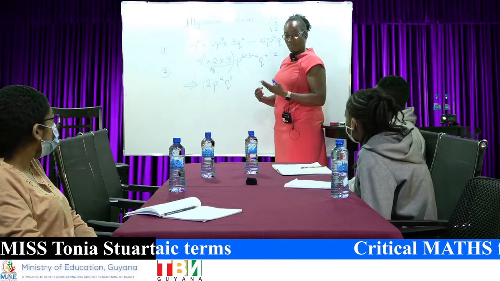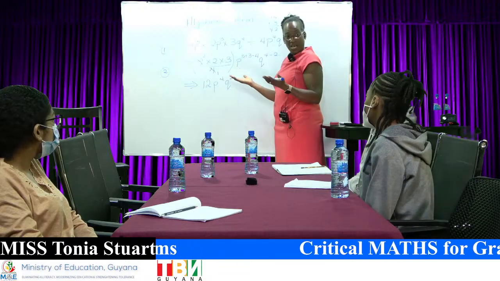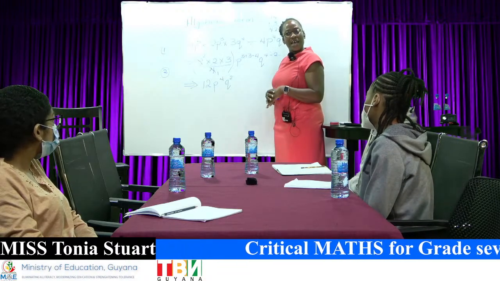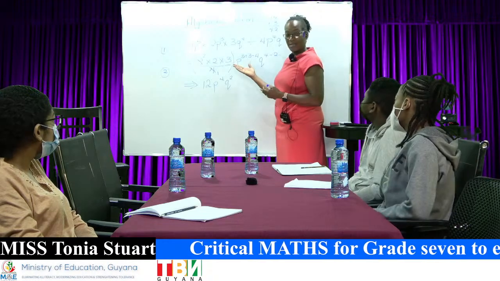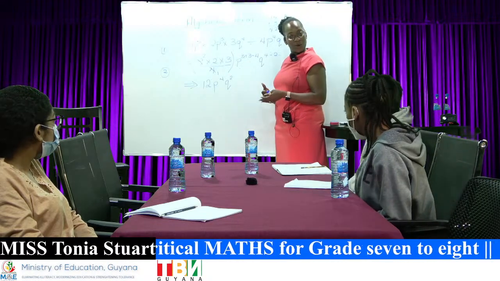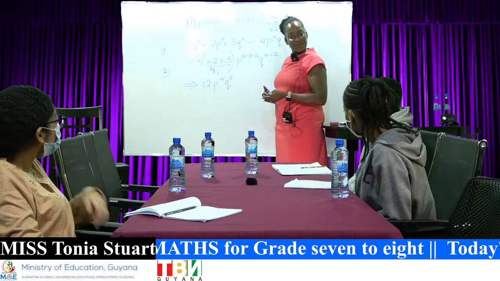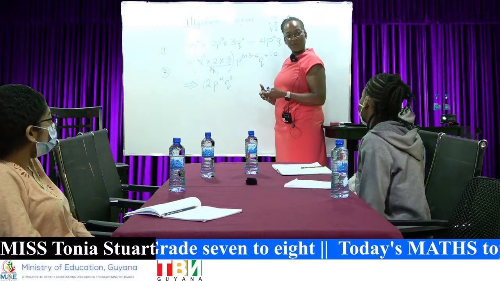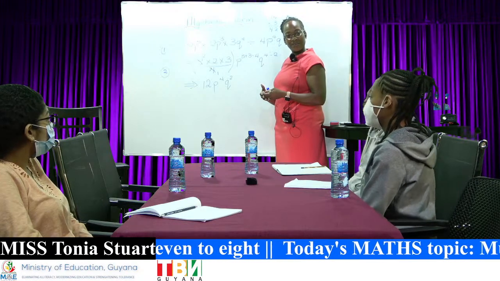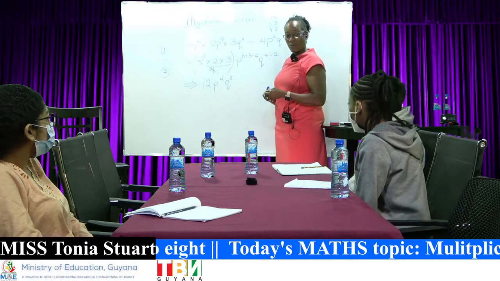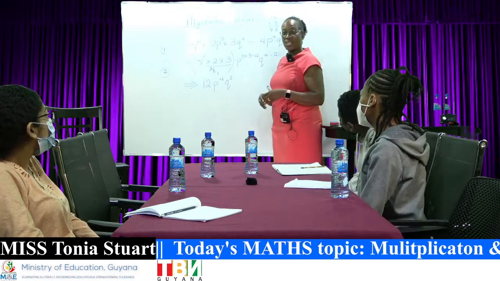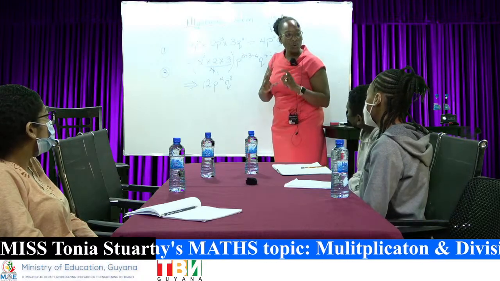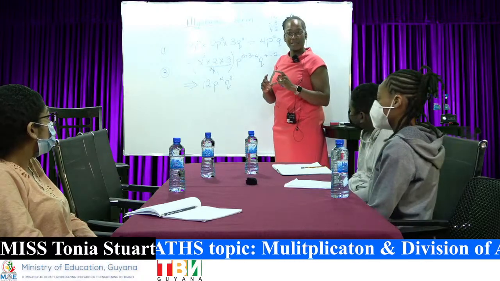Good. If the variables are the same, we add the powers. But when we add or subtract, do we add the powers? No. We don't add the powers, but we have to ensure that we group the like terms together to add.